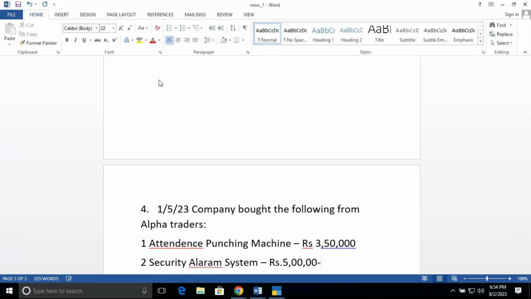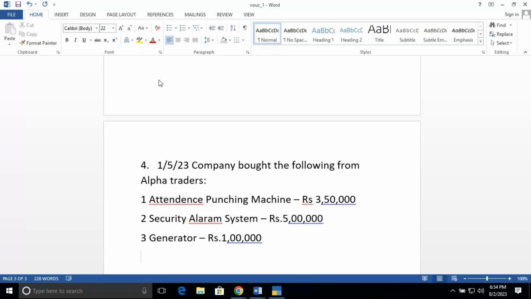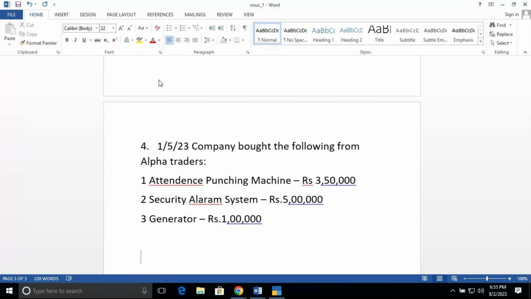Last one, third one, is generator, rupees 1 lakh. So this is the transaction: the company bought the following from Alpha Traders.